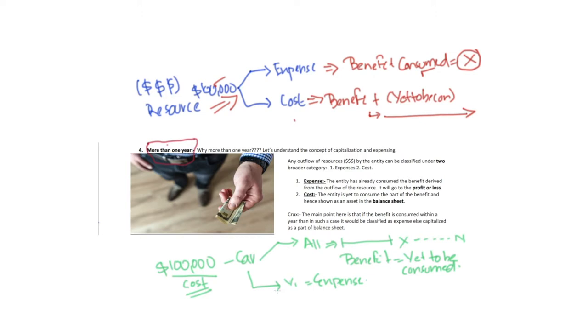Hence, purchase of a property, plant, and equipment, just like we discussed here, is also an outflow of resource. So if any outflow of resource happens, you need to think from two perspectives. Whether the outflow is an expense. If it is an expense, it will go to the profit or loss statement as a period outflow.